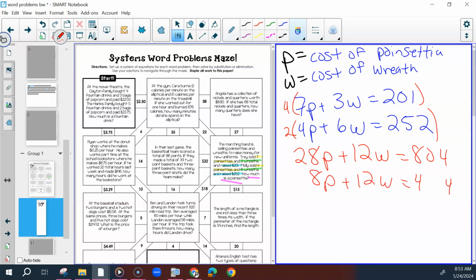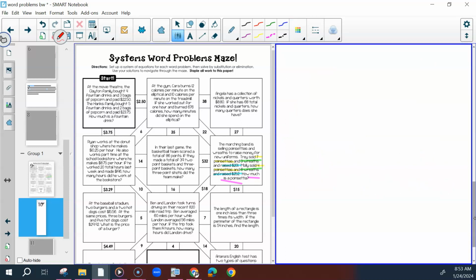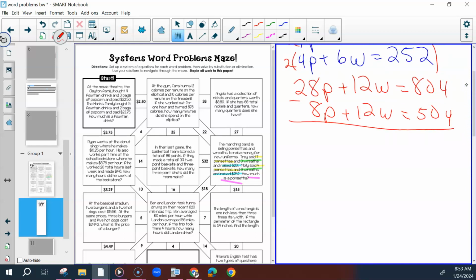Where do we go? 504. 504. I was close. 504. Alright, and then to eliminate our w, we would get what? Or, I'm sorry, we would do what? We subtract, we get 20p equals 300.